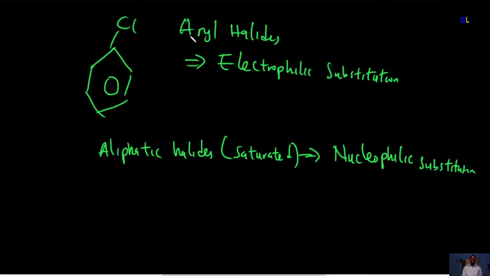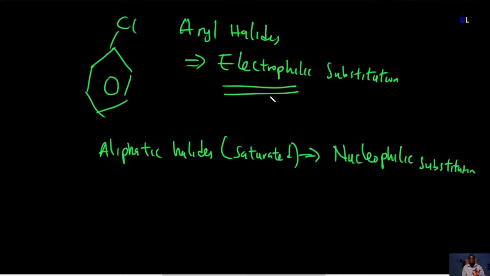So this classification into aryl halides and aliphatic halides is strictly dependent on the presence or absence of the benzene ring. So once there is a benzene ring, it is the aryl group, and the type of substitution reaction characteristic to it is electrophilic. We are going to discuss these things in detail, so don't bother about this description yet.